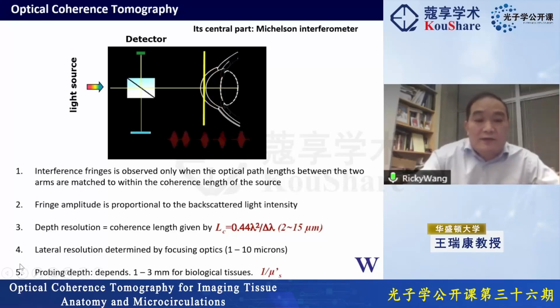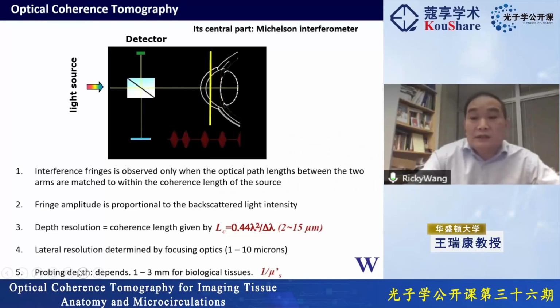And the number 5 most important point for the OCT system is how deep the system can see in the biological tissue. Actually, this is a disadvantage for the OCT system, because we are looking at biological tissue. We know that biological tissue is opaque.